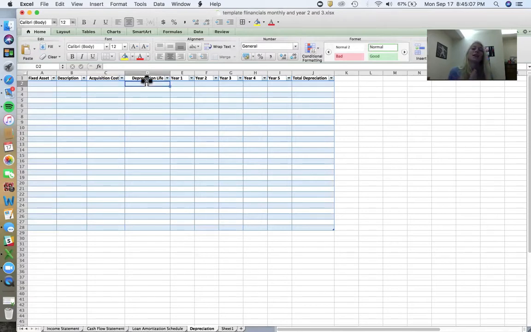Then each year you take the acquisition cost minus that number you just calculated, and that's what it's going to be worth at the end of year 1. Okay, let's work through just a quick example because that was a little confusing to even me.